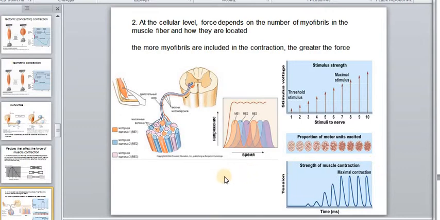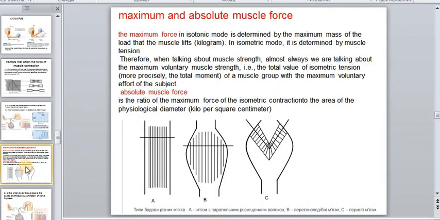Absolute muscle force is the ratio of the maximum force of isometric contraction to the area of the physiological diameter, in kilos per square centimeter. The physiological cross-section coincides with the geometric one only in parallel-fiber muscles. Muscles with an oblique fiber arrangement have a large physiological cross-section and therefore greater force.